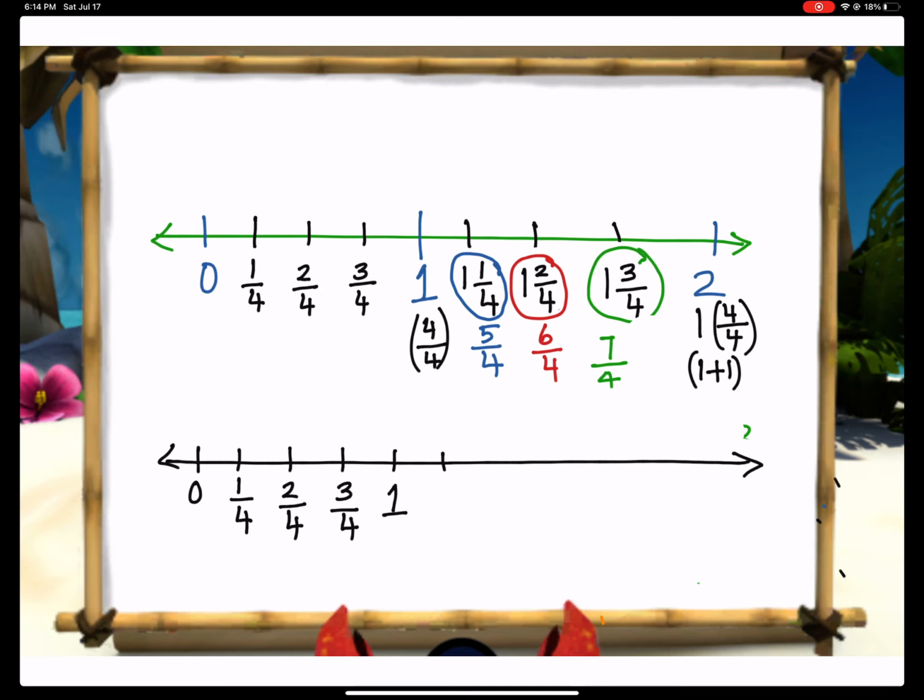So this 1 1 by 4 can be written as 5 by 4, and then this 1 2 by 4 can be written as 6 by 4, and then this 7 by 4 goes down, and then the last number is 2.